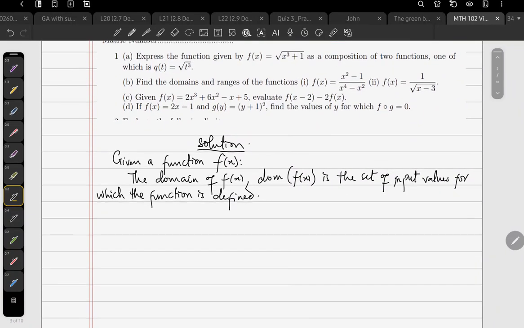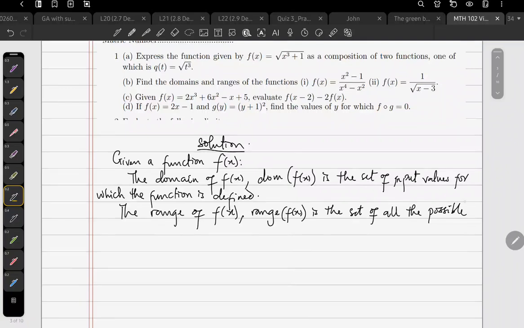Okay, then the range of the function, in simple terms, which I can write sometimes as range of f of x, is the set or the collection of all the output values. So the set of all the possible output values of f.